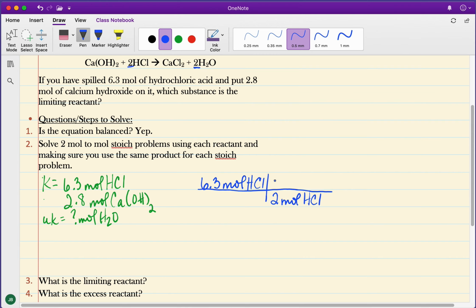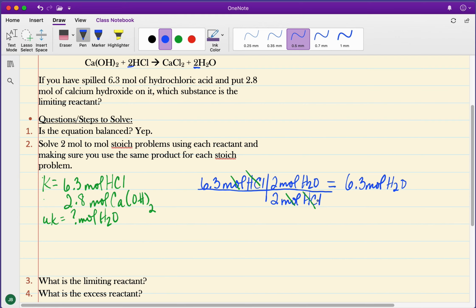Okay, so I have 2 moles of water. And so I have my problem set up, and moles of hydrochloric will cancel out moles of hydrochloric. And the final answer, once you do some punching and crunching, is going to be 6.3 moles of H2O.